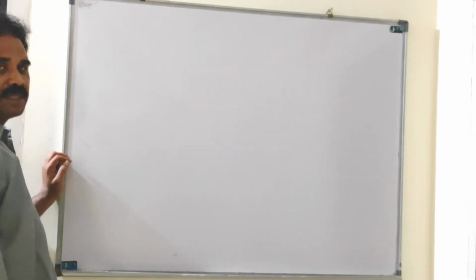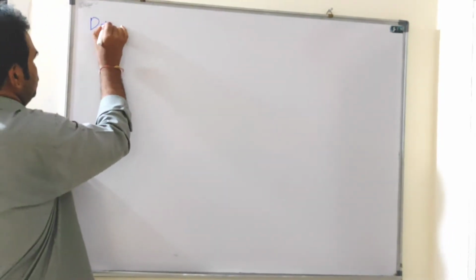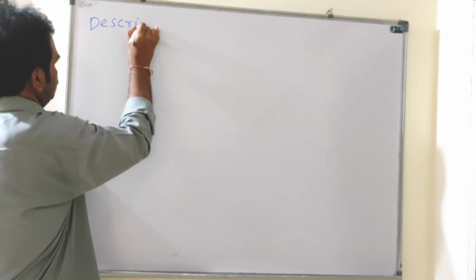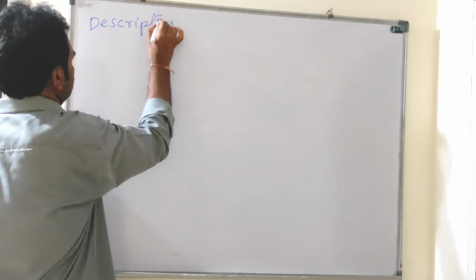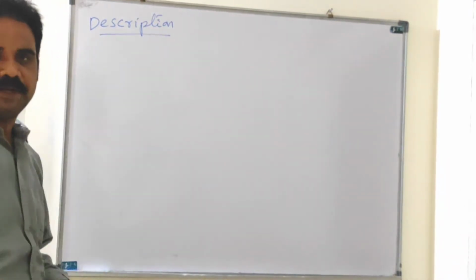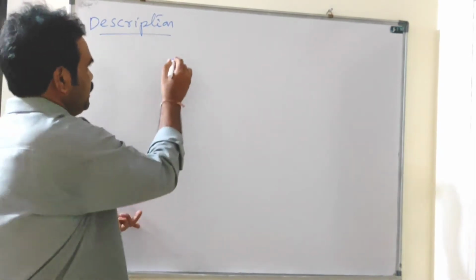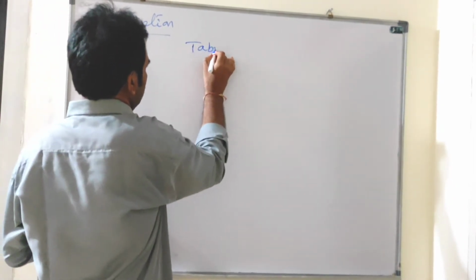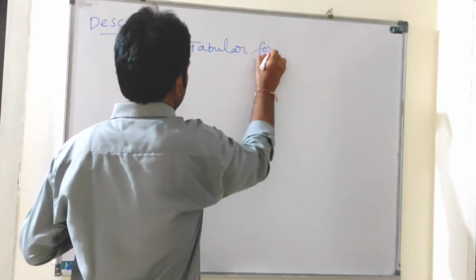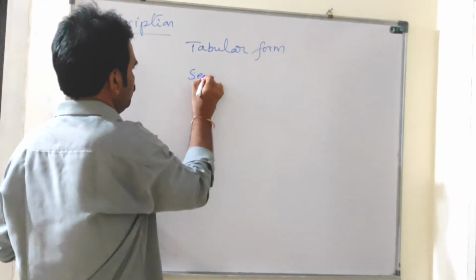Next, description of sets. A set can be specified in two ways: tabular form and set builder form.